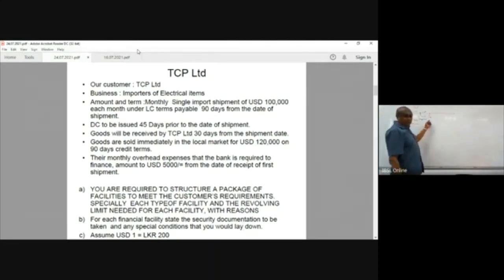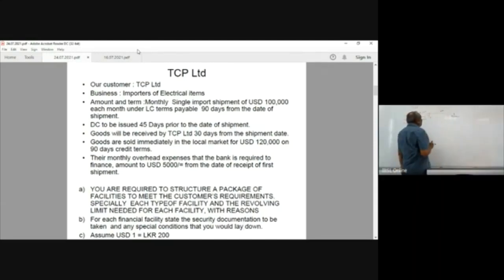once we receive the goods, then we have to accept the draft. This is to be issued for goods. Goods are sold immediately in the local market for US dollars 120,000 on 90 days credit term. Now, once we receive the goods, we immediately sell the goods in the local market, and we will get the payment in how many days? 90 days. 3 months.